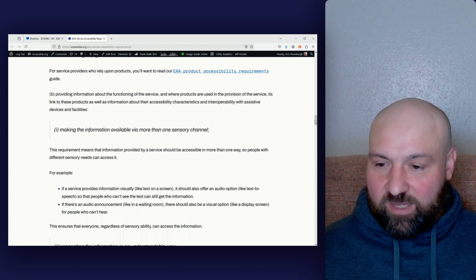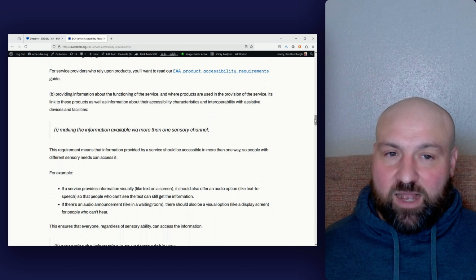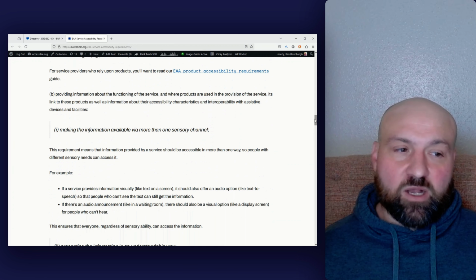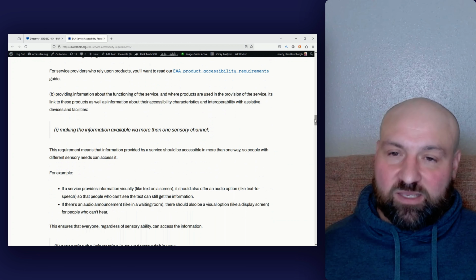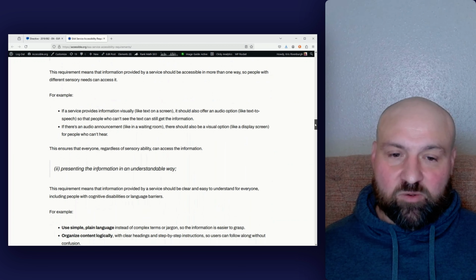And there are many examples. Again, I'm not going to cover all of these because I'm going to link to this post, and that way you can read from it and you can determine what these requirements are. But this does set out the requirements in plain language.